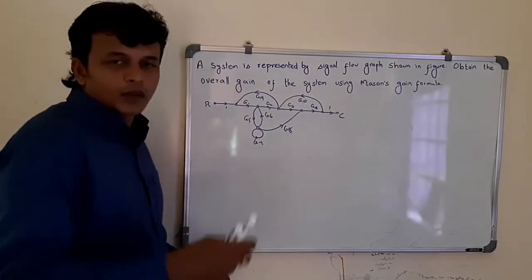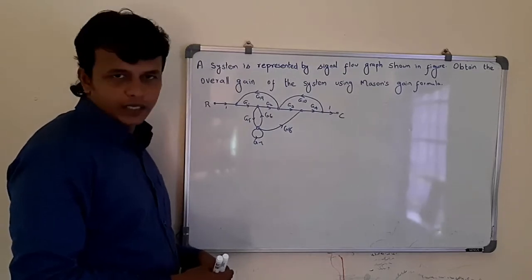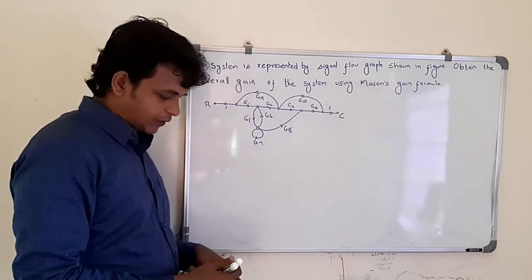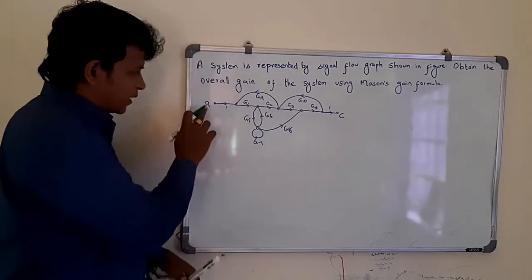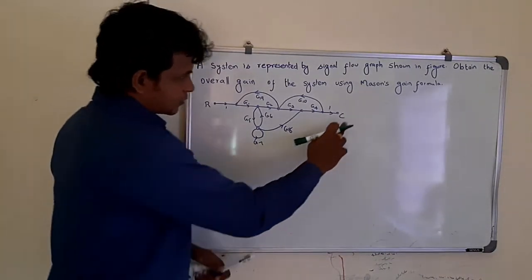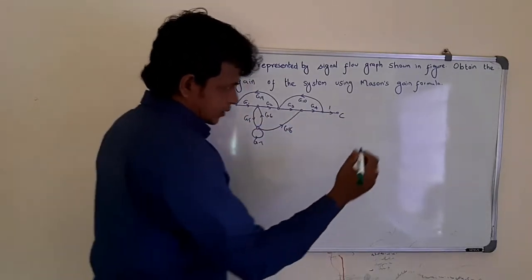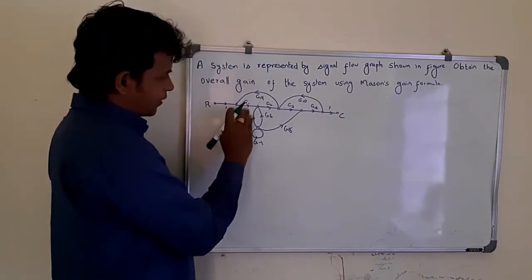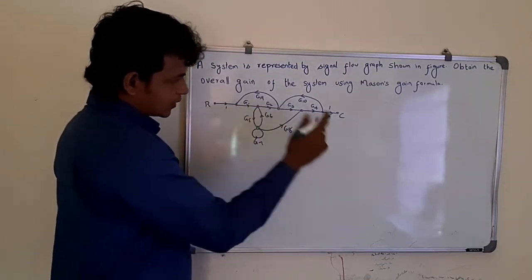Using Mason's gain formula we have to find the overall gain, which is nothing but the transfer function. Here we have the input in the S domain, the Laplace transform of input R(S) and the Laplace transform of output C(S), denoted as R and C. It is asked to find the gain. We have the gain between these two nodes as 1, between these two nodes as G1, and so on.